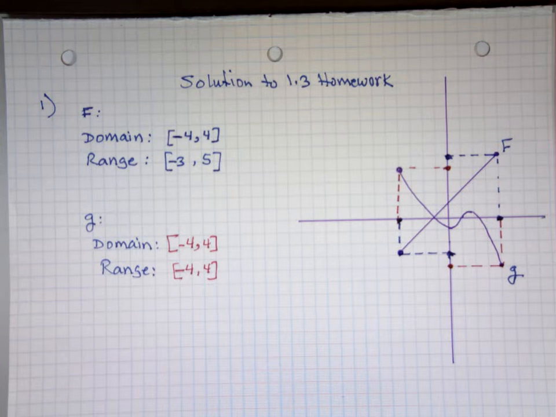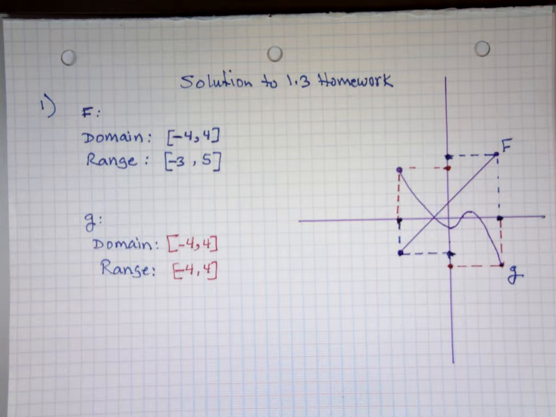So what's the domain for f? Negative 4 to 4. What is the range for f? Negative 3 to 5. What is the domain for g? Negative 4 to 4. What is the range for g? Negative 4 to 4 again.